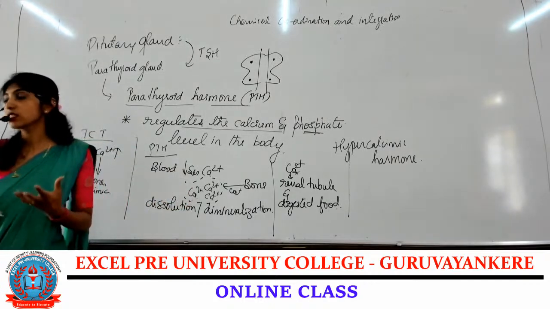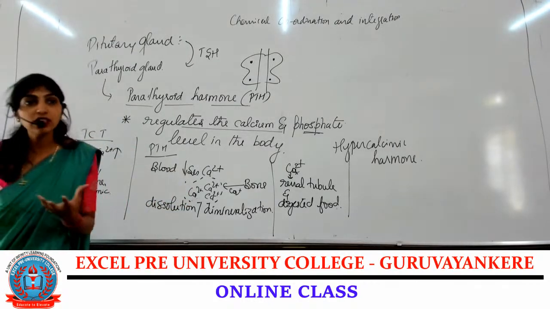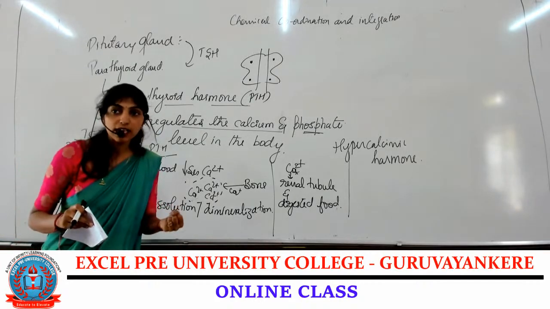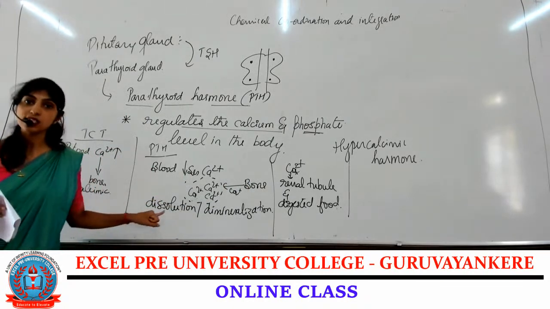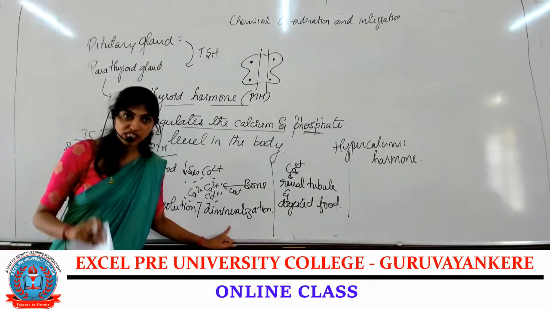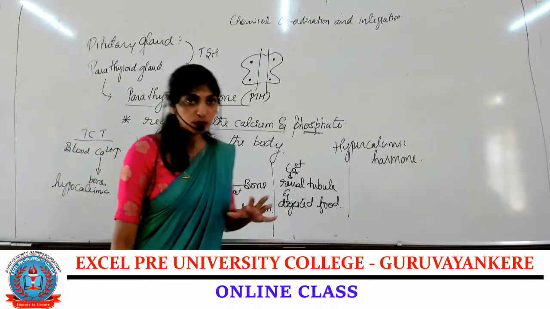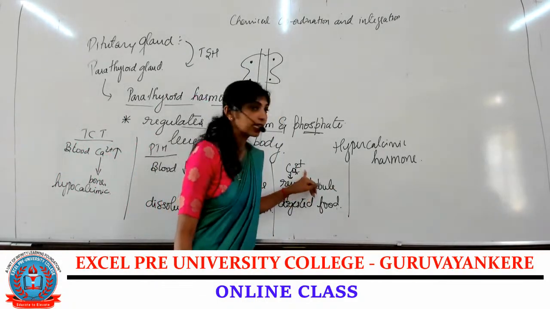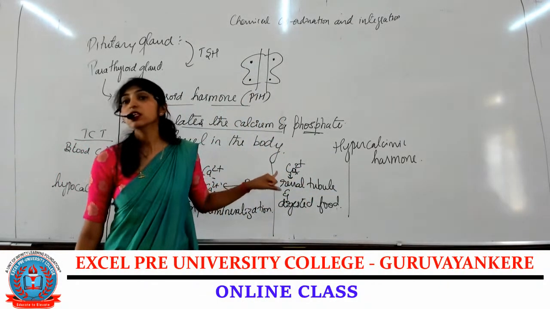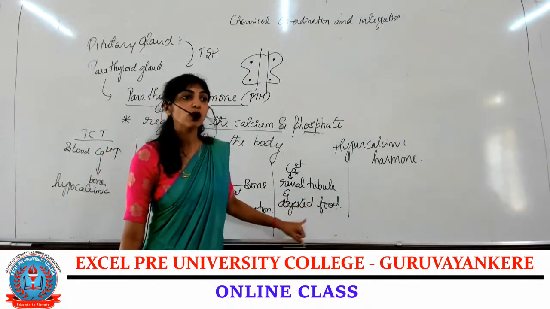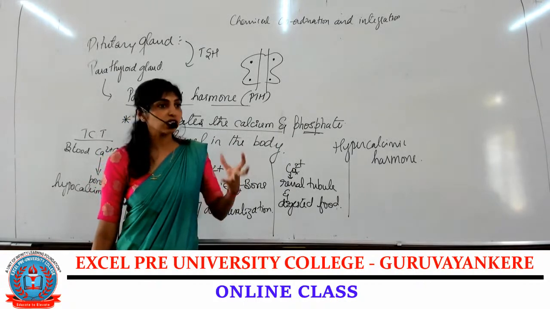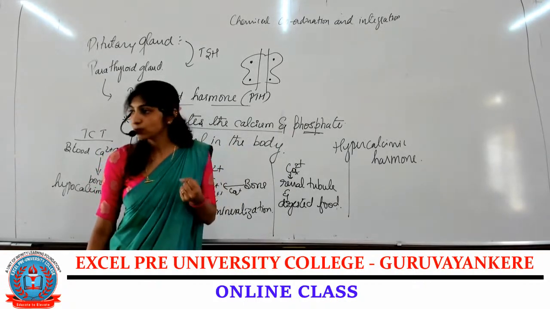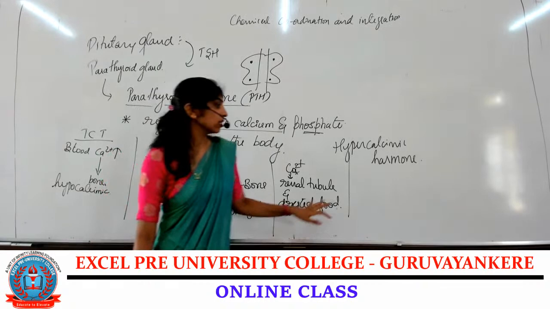How do they maintain this calcium balance? Whenever there is less calcium in the blood, it absorbs calcium from the bone. That process is called dissolution or demineralization. Along with the bone, calcium is also absorbed by the renal tubules and from digested food.